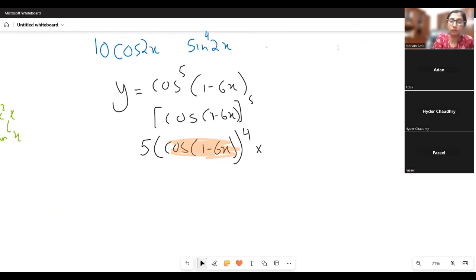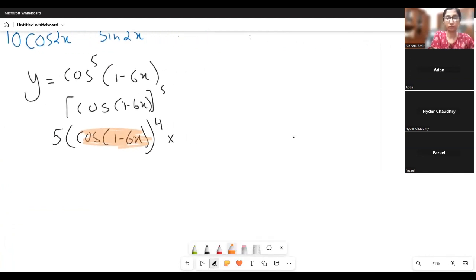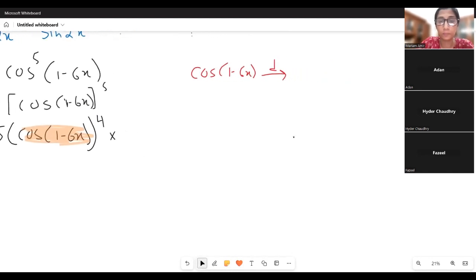So the derivative of cos 1 minus 6x would be what? Although we've already found it out, but let's do it again. The derivative of just cos is minus sine. So we're going to write minus sine and then 1 minus 6x, but multiply the derivative of this again.